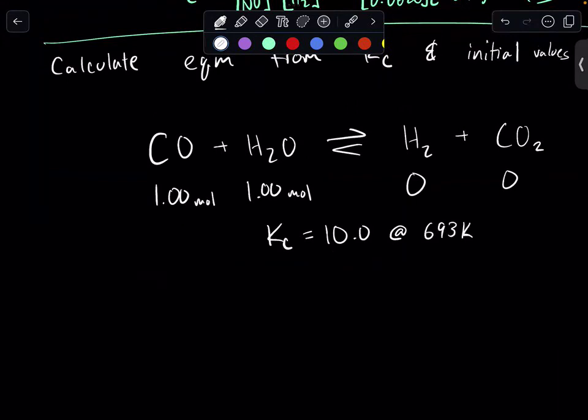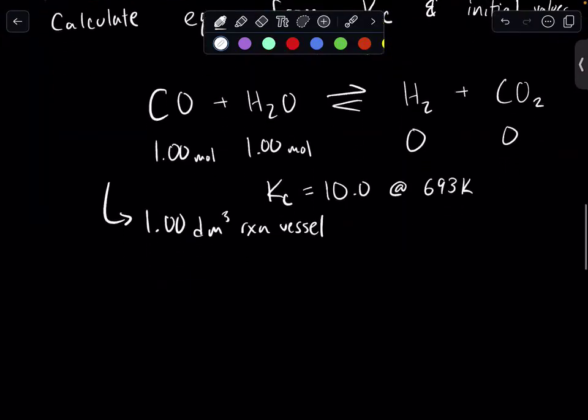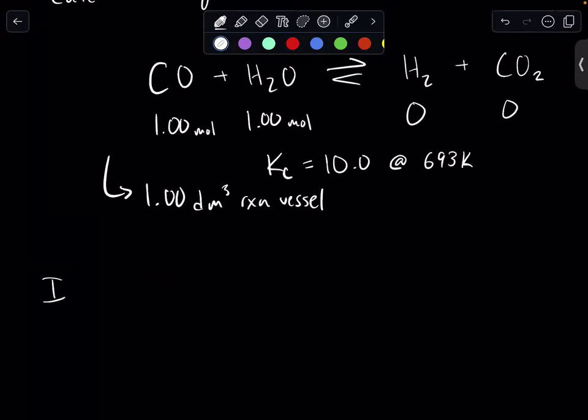So, assuming, once again, a 1.00 decimeter cubed reaction vessel, and this isn't always an assumption. This is something that I'm providing for this problem. Sometimes you'll get a different value that you may have to then change your entire calculation for. But just to keep things simple, a 1 decimeter cube reaction vessel will create our ice table.